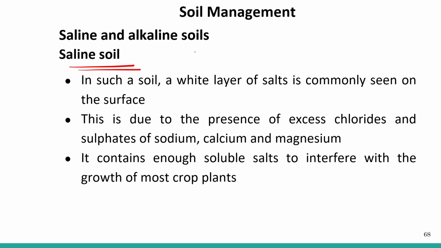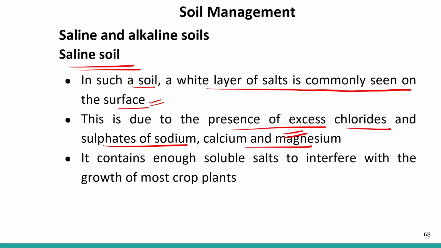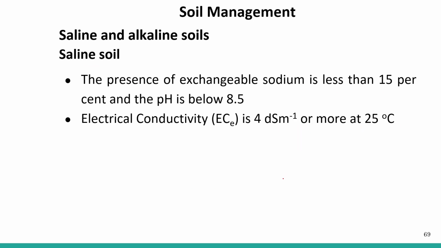Next is saline soil. How do saline and alkaline soils appear? In such soil, a white layer is commonly seen at the surface. This is due to the presence of excess chlorides and sulfates of sodium, calcium, and magnesium. It contains enough soluble salt to interfere with the growth of most crop plants.